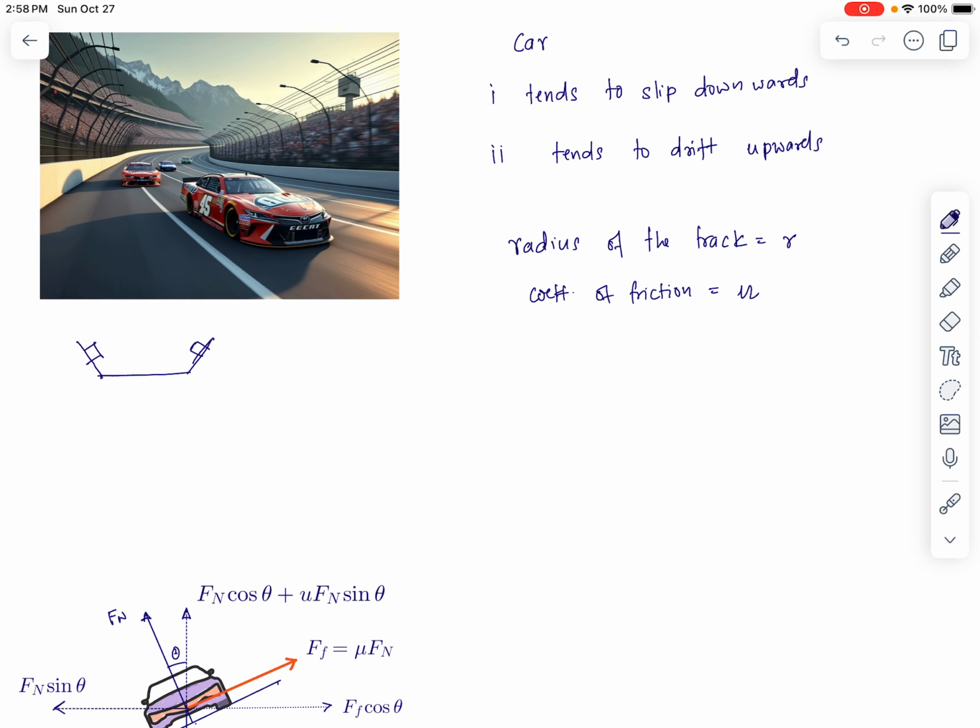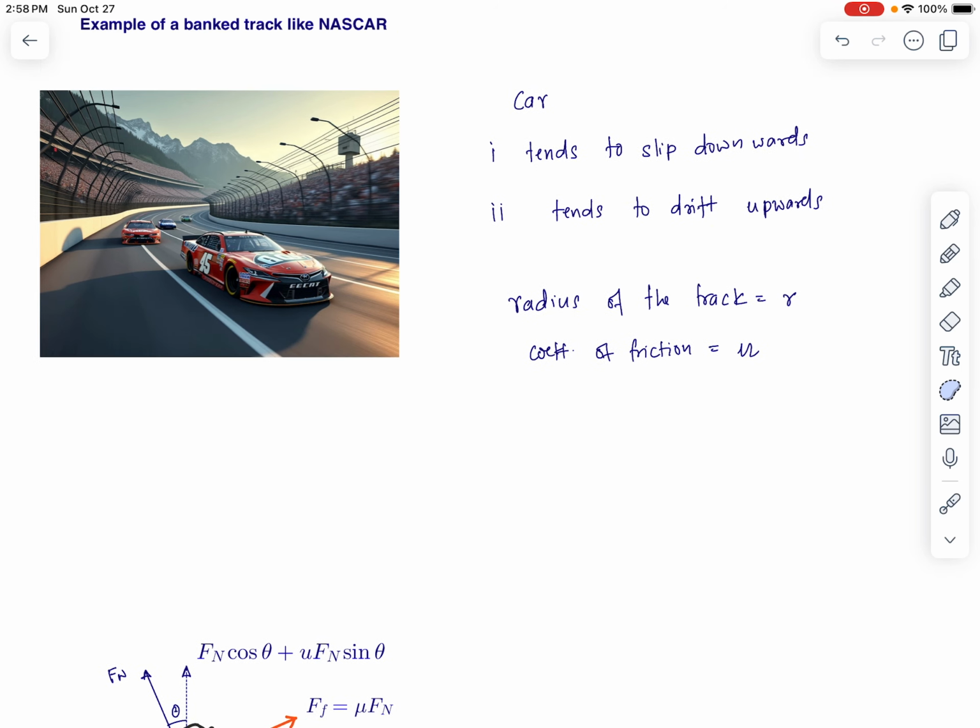So let's erase that because I need this for other things. There are these two situations. The car tends to slip down the track, or the car tends to drift upwards.